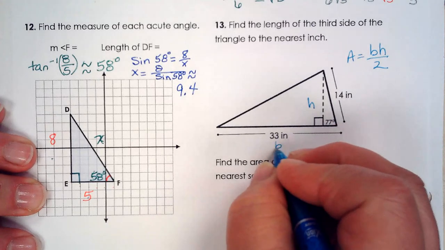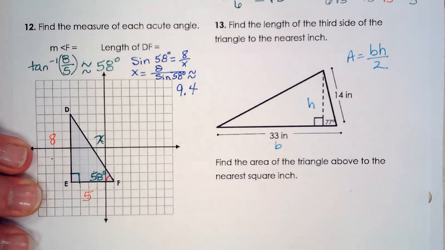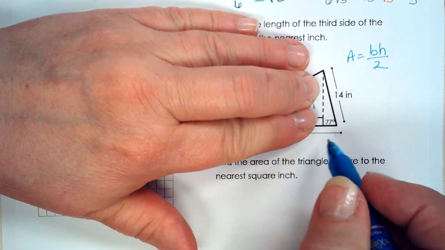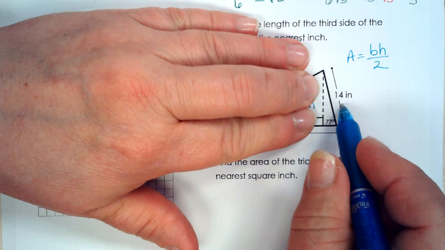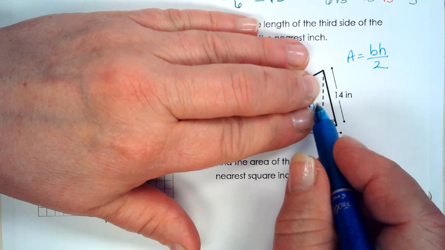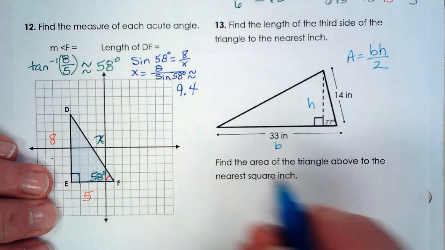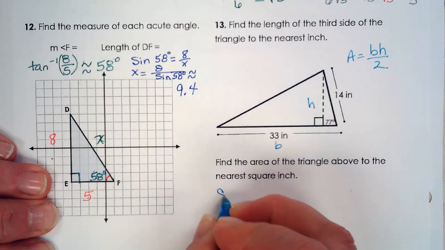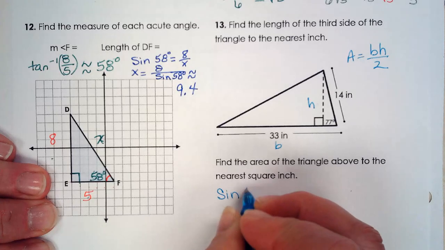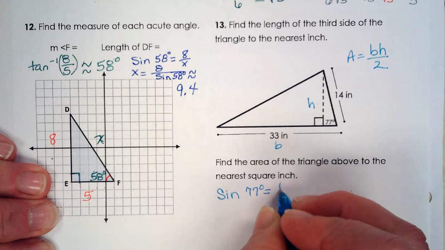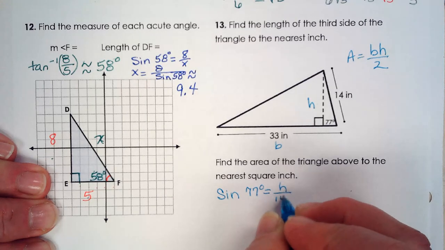This one will be my base. If I cover all this up, I've got this angle and I've got the hypotenuse. This is my opposite. Opposite and hypotenuse is sine. So the sine of 77 degrees is equal to h divided by 14.